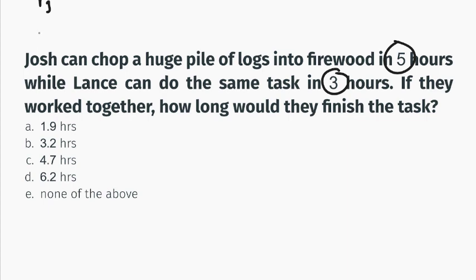For example, the rate of Joss and the rate of Lance. So we know that he can chop a pile of logs in 5 hours. So in an hour, he can only chop 1 over 5.